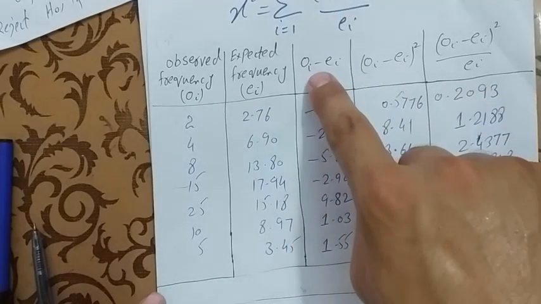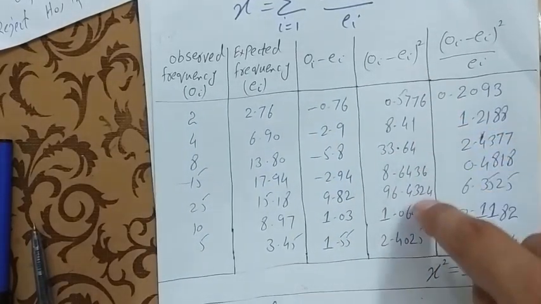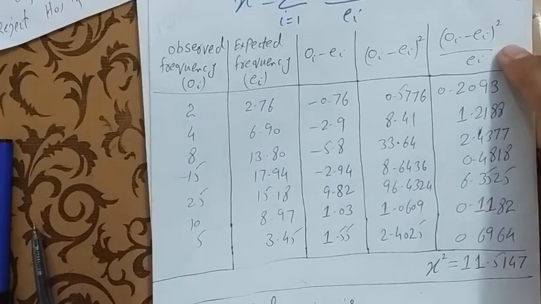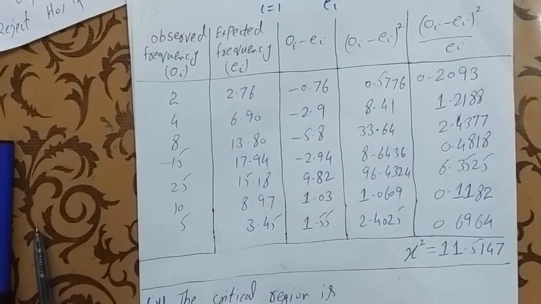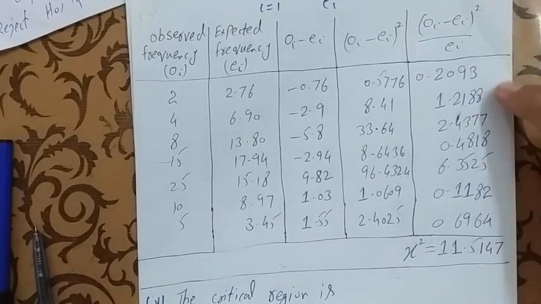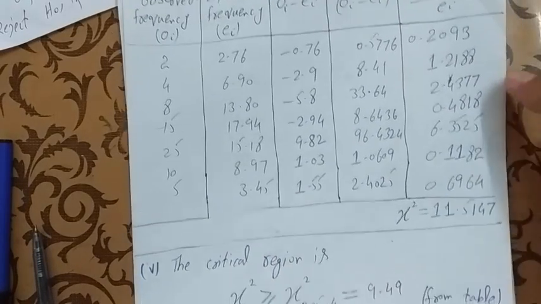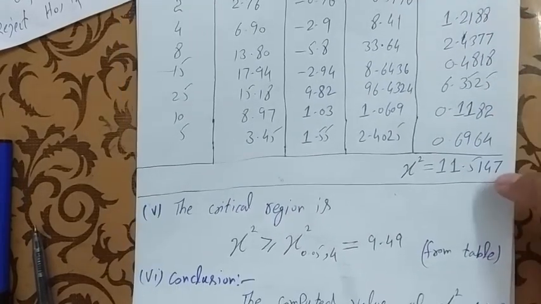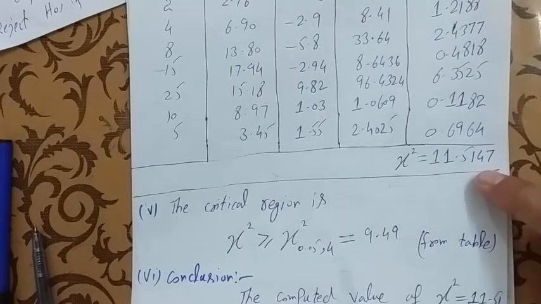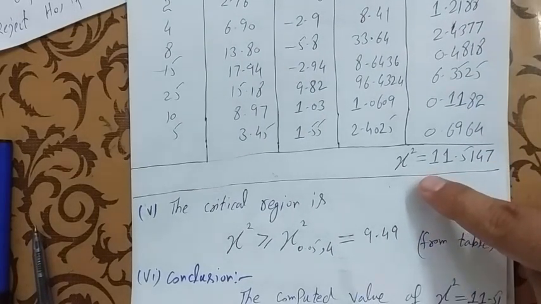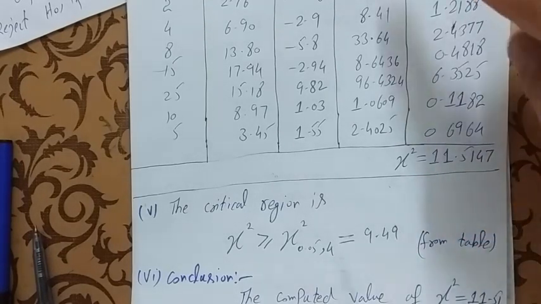Now we find the difference OI minus EI, take the square, and divide by EI, and the results are in the column. Summing up this whole column, the result is 11.5147, which is the computed value from the formula.